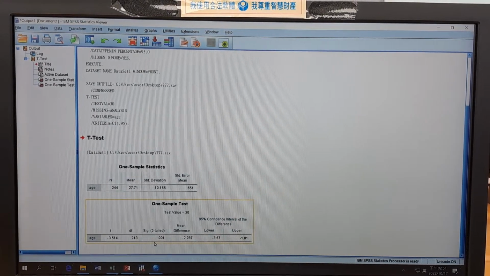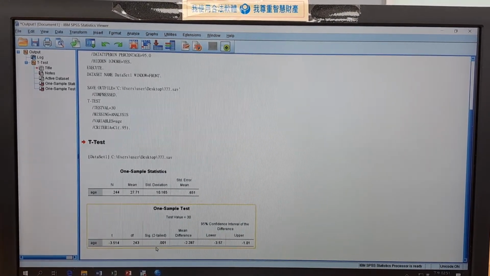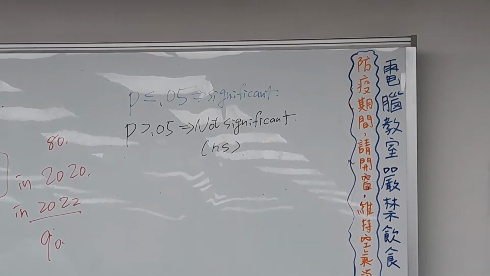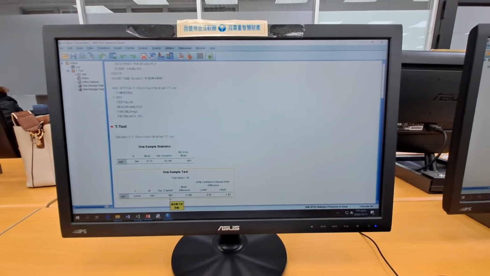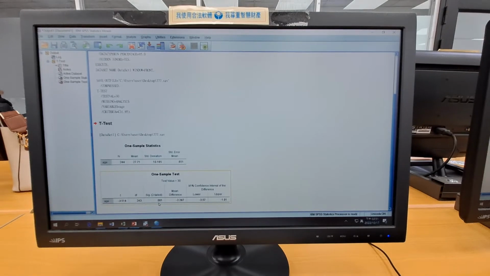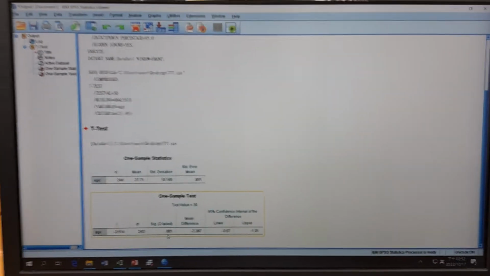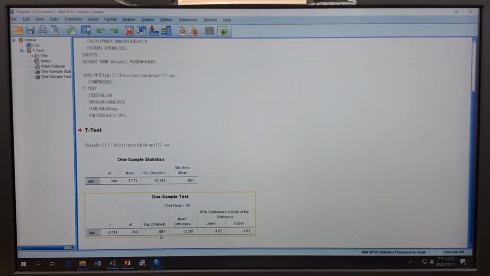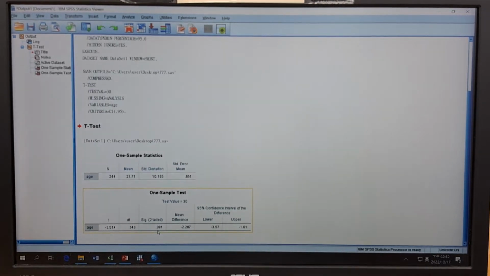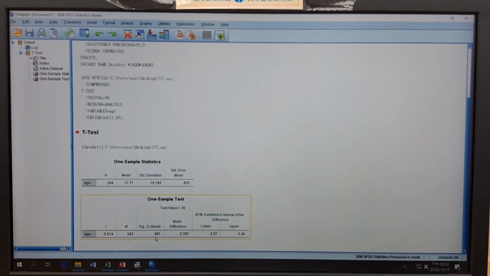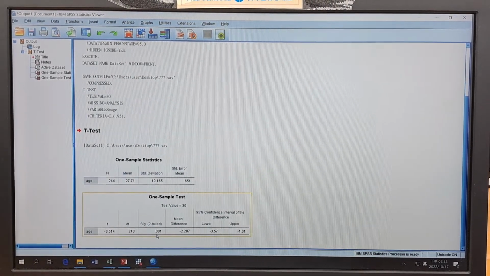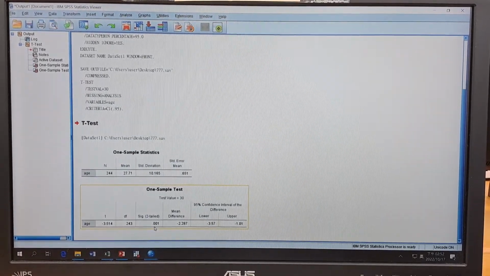The result is 0.001, right? So please tell me, according to this number, is this significant or not?